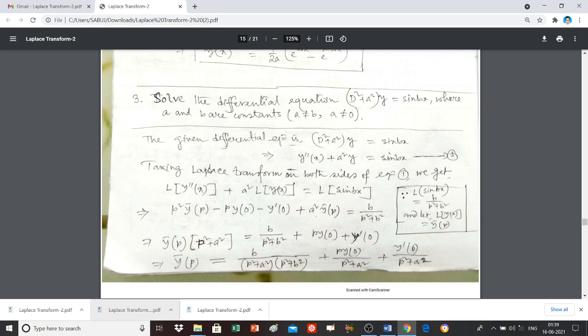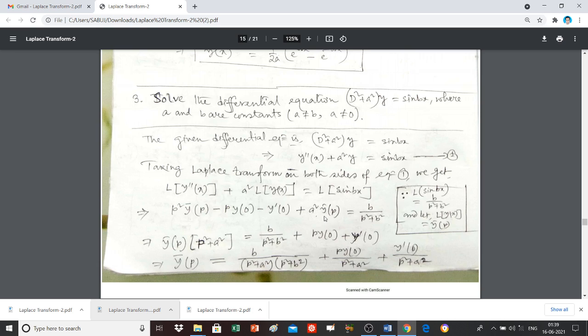So now taking the Laplace transform on both sides of this equation, we get the Laplace transform of y double prime(x) plus a square times the Laplace transform of y(x), equal to the Laplace transform of sin bx. You know that the Laplace transform of sin bx is nothing but b by (p square plus b square).